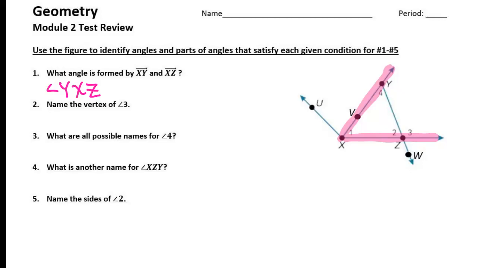Remember, the corner of the angle has to be in the middle of the name of the angle. Where you make the turn on the angle has to be in the center of the angle name. What's another name we could give to that exact same angle? We could call it ZXY. Angle ZXY. What's another name we could give to that angle?